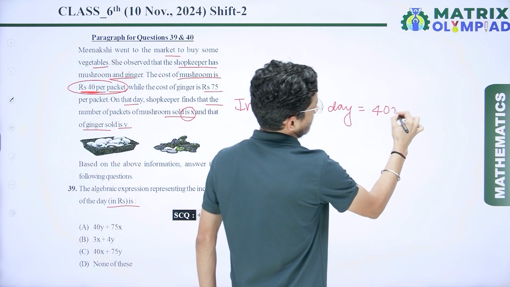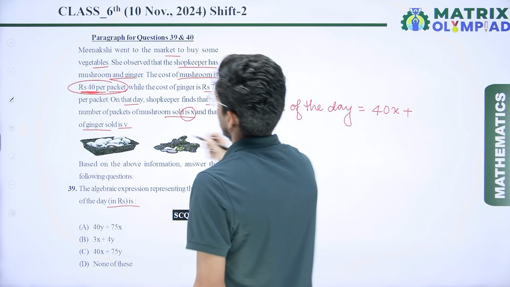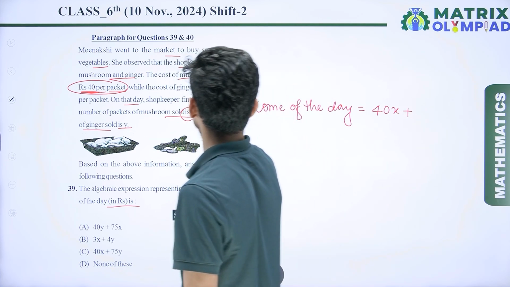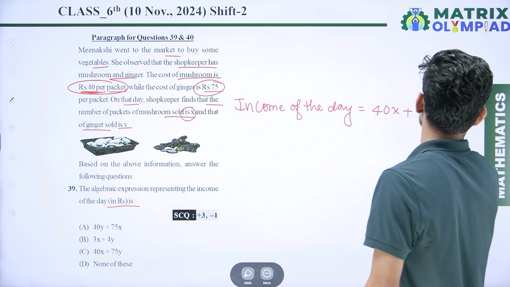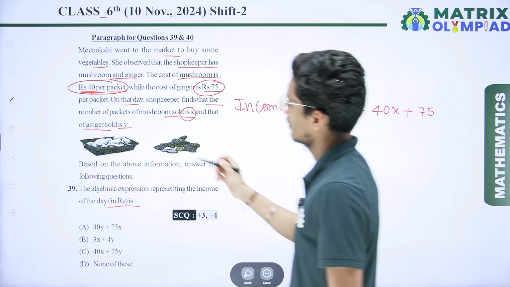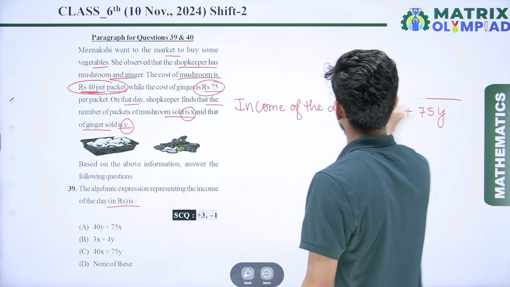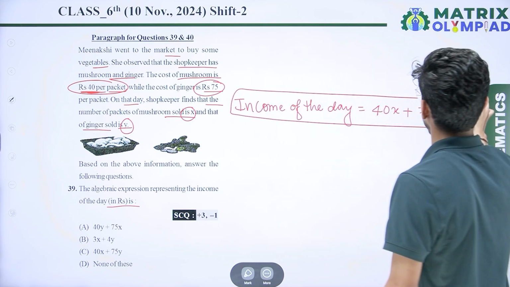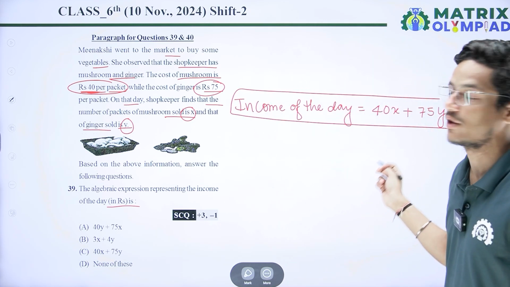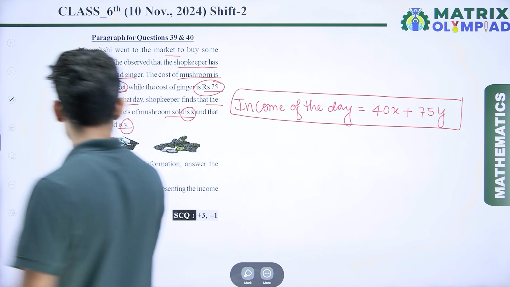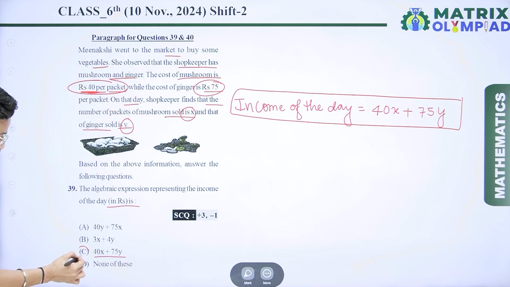So I write here 40x, plus the cost of ginger, that is 75 rupees per packet, and the number of packets the shopkeeper sold, that is y. So I multiply here by y. So the income of the day is 40x plus 75y. So where is 40x plus 75y? Here. So I can say that option C is the correct answer.